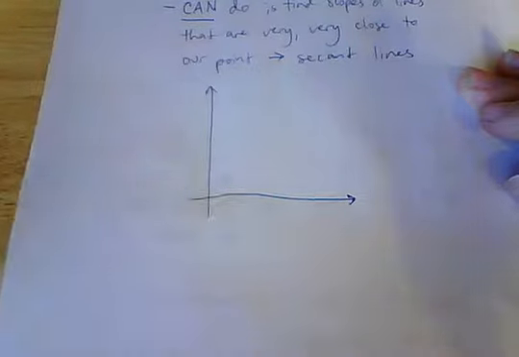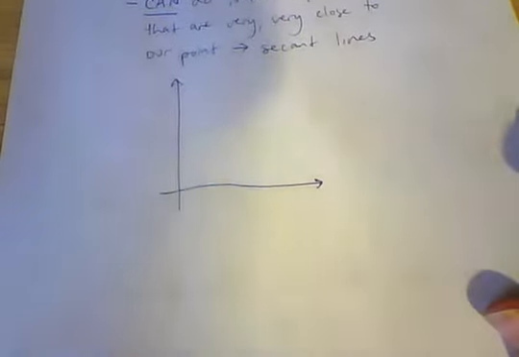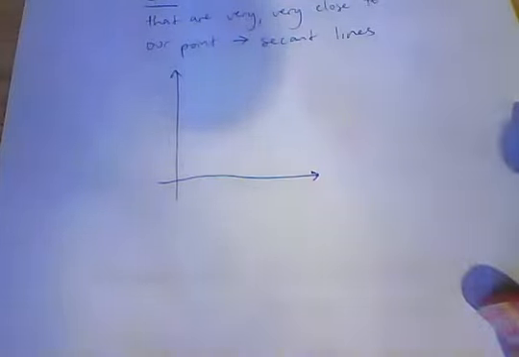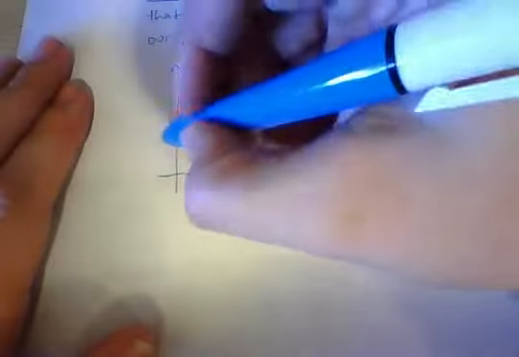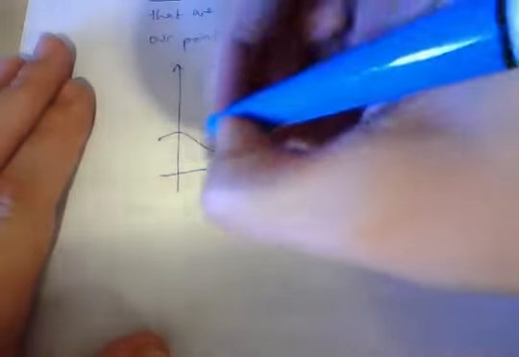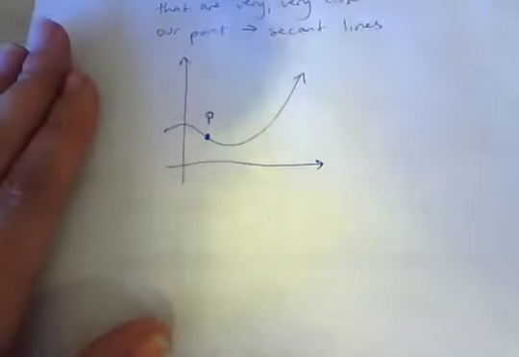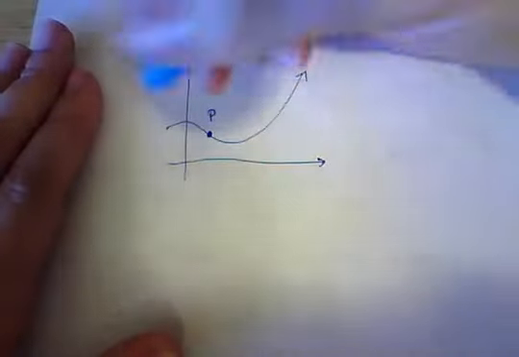So say that we had our same graph. We're still going to have the same point P. Let me review what that looked like real quick. I forgot what I drew. Okay. So if we had the same graph, and we still had our point P, and our tangent line was what we had before, right, in red.